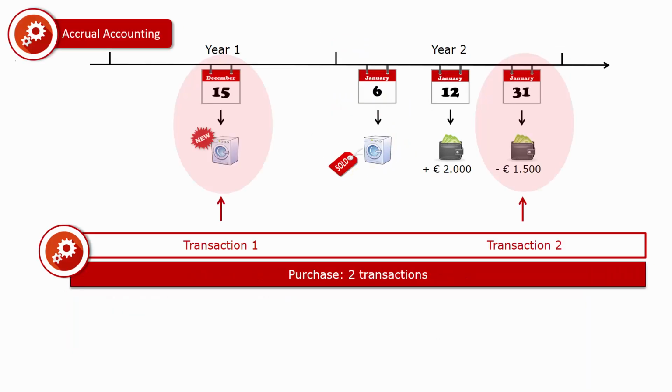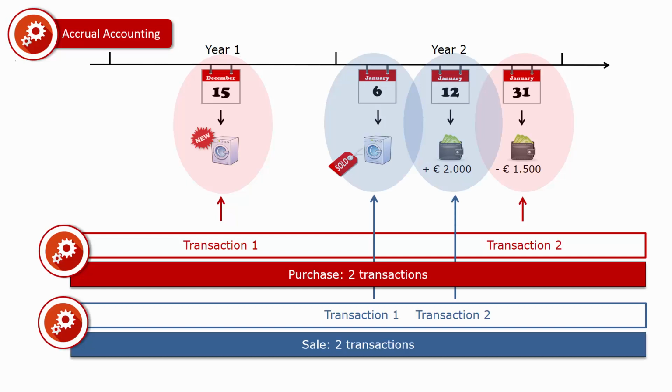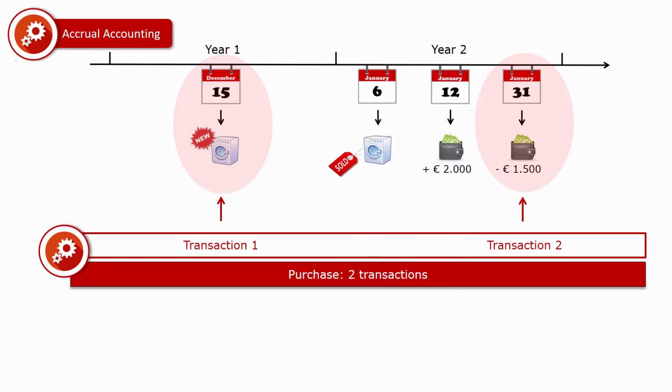So, importantly, in accrual accounting, we need to distinguish between 2 accounting transactions for the purchase and 2 accounting transactions for the sale. For the purchase, we need to distinguish between the receipt of the goods in the company's warehouse and the company's payment for the goods.